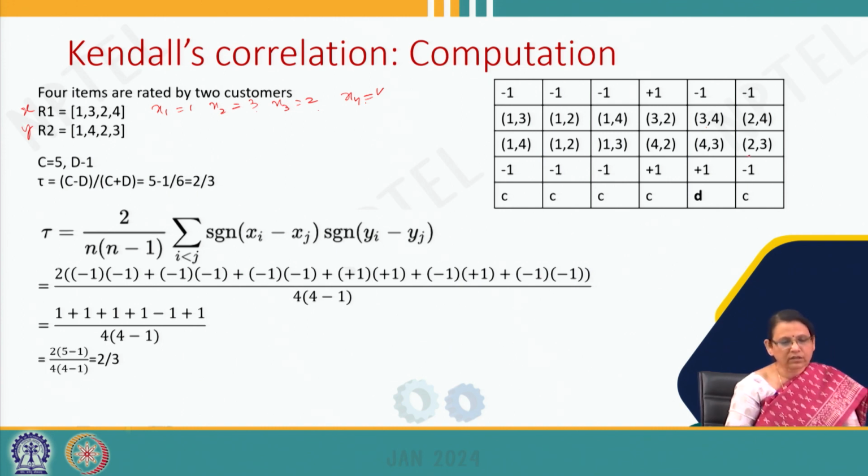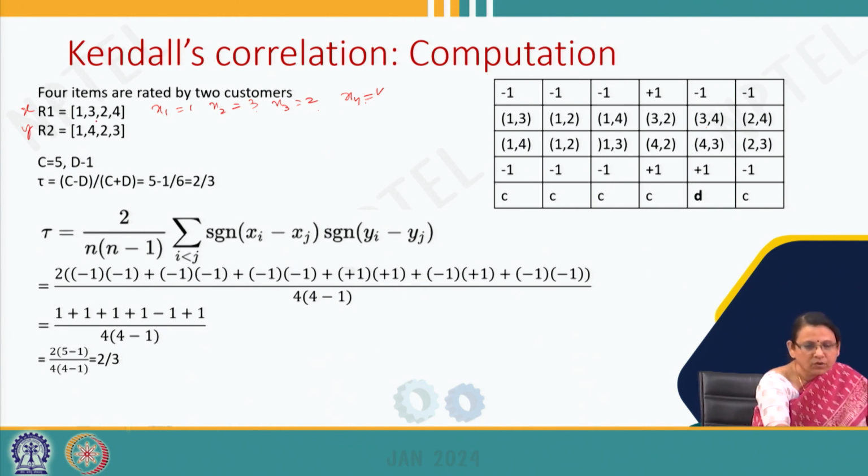After you take all the combinations, we are supposed to see whether both these vectors agree. In this particular example, we are talking about the ratings of 4 items given by 2 customers, R1 and R2.